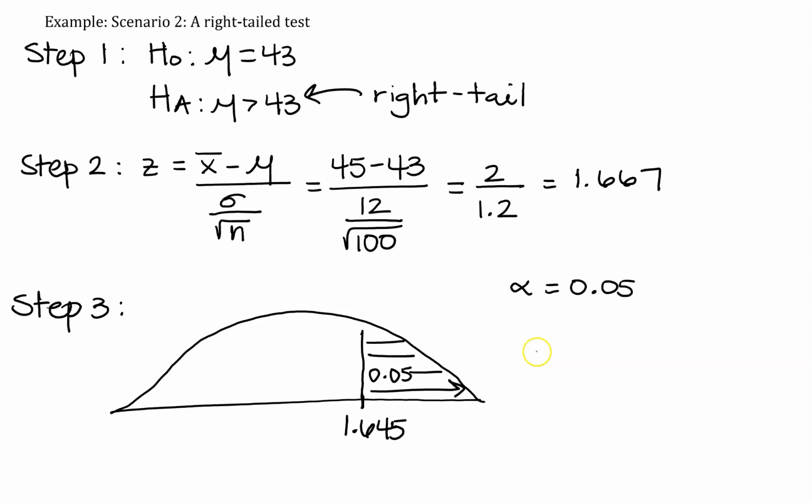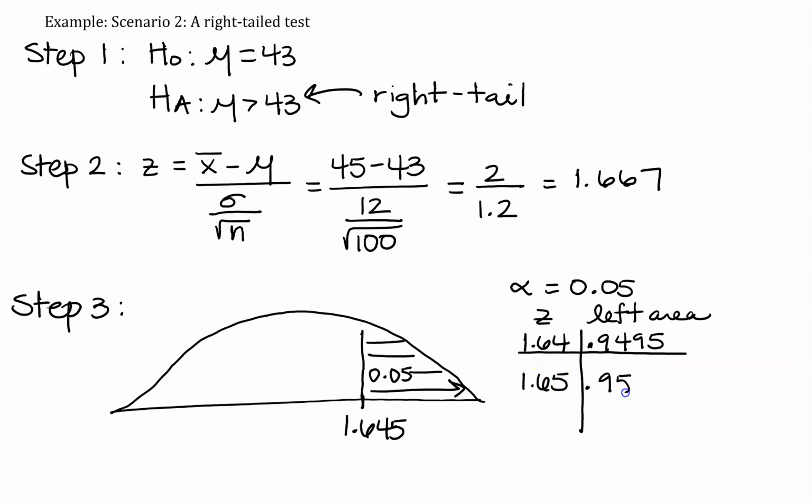And you could confirm that by going to your statistics tables, and you'll see that the z-value of a positive 1.64 has a left area of 0.9495, and the z-value of a positive 1.65 has a left area of 0.9505.